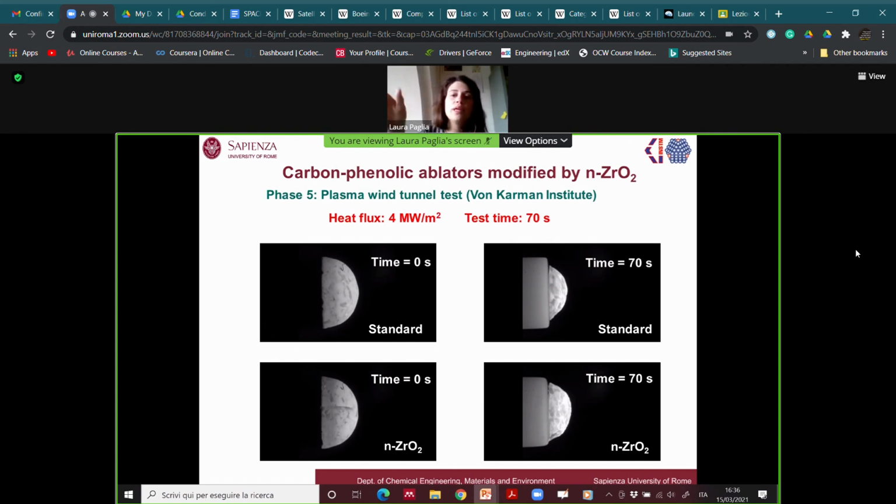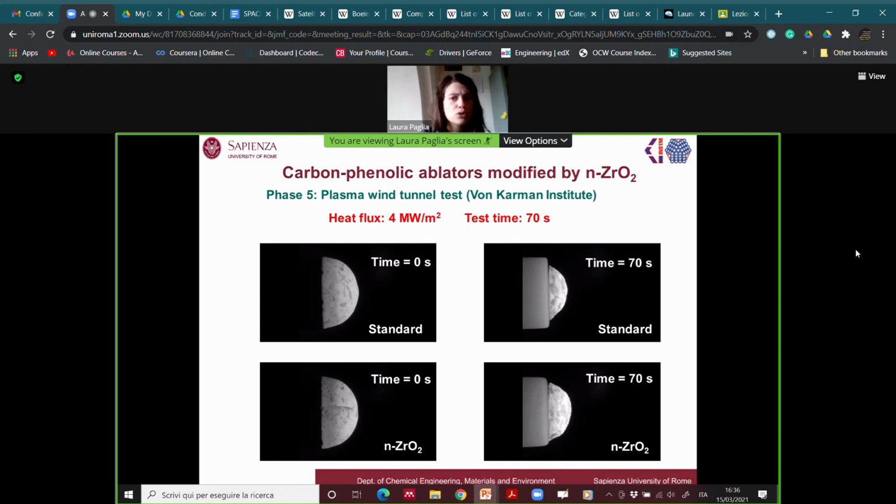In fact, during the last lesson we saw together the PICA, the phenolic impregnated carbon ablator manufactured by NASA, which has characteristics very similar to our material, and it was tested at the same heat flux.